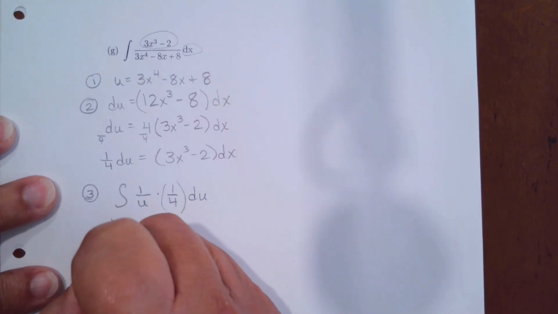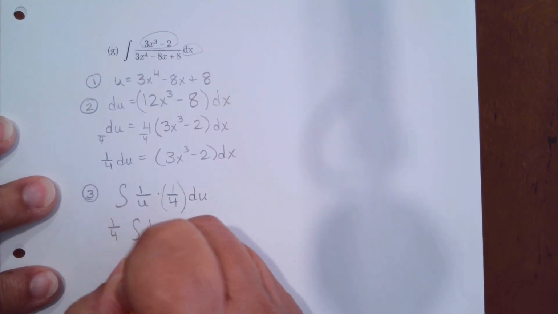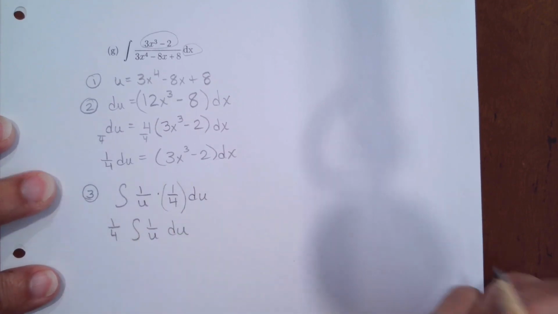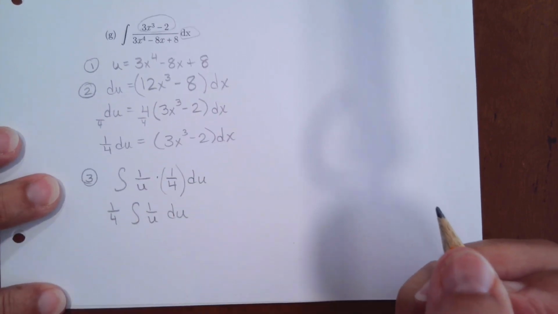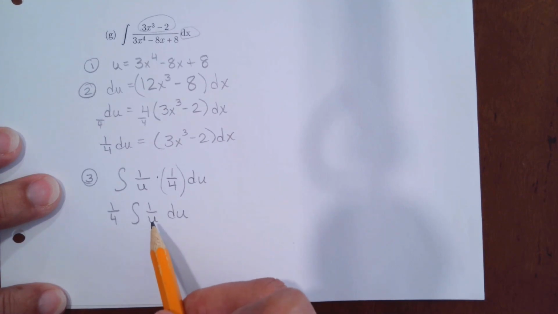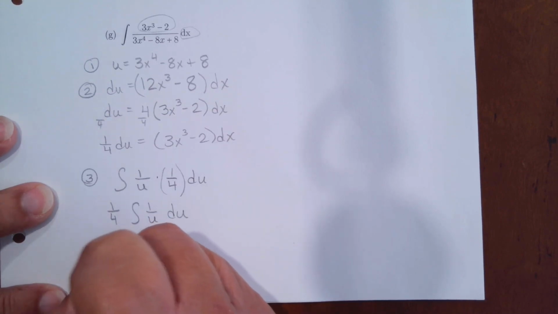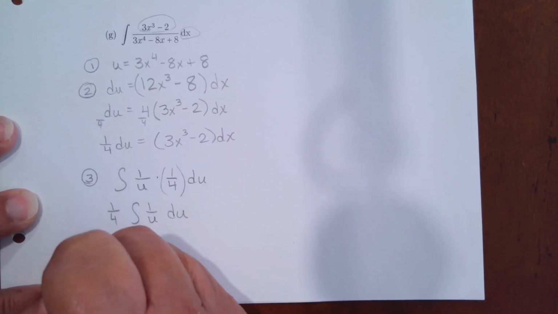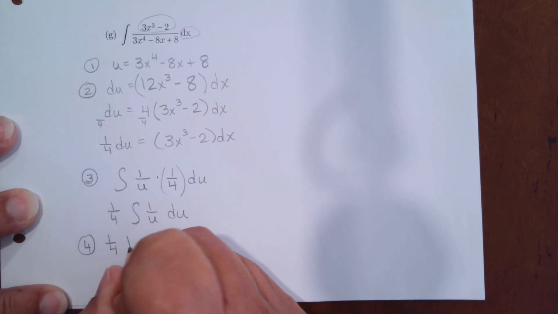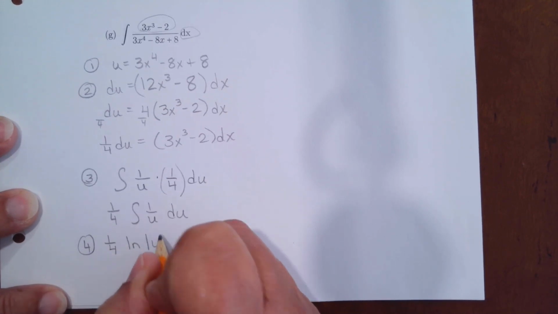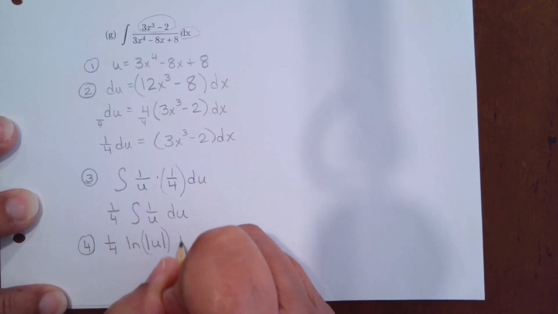So bring the 1/4 out front. You can do that all in one step, but it's typically what we do. Now we're back to what we just did in the last problem. When we integrate, the antiderivative for 1 over u is the natural log. Now we're on step 4, and this would be the natural log of the absolute value of u plus c.